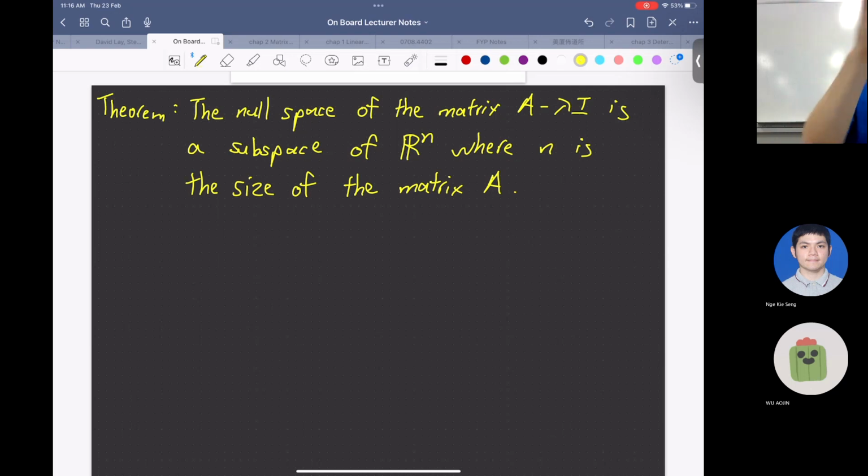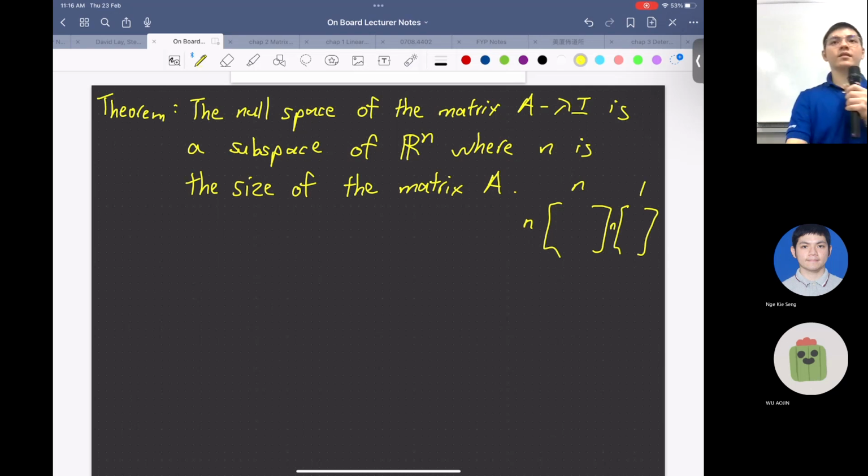So it has to be size n. Okay, got it. So what you should imagine is A is an n by n matrix, so you multiply on the n by 1 matrix. So how to show?